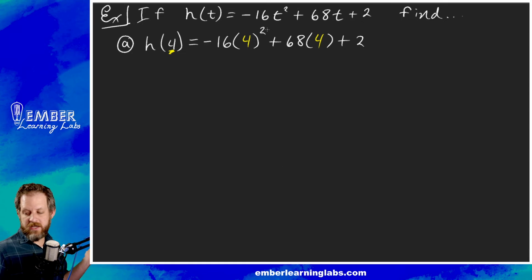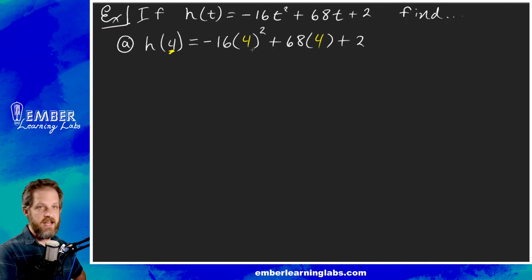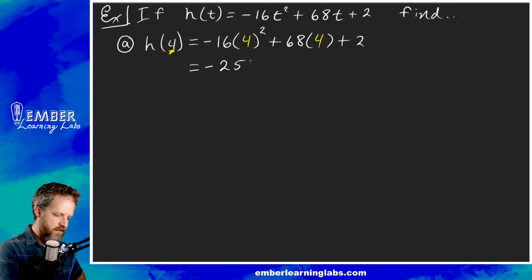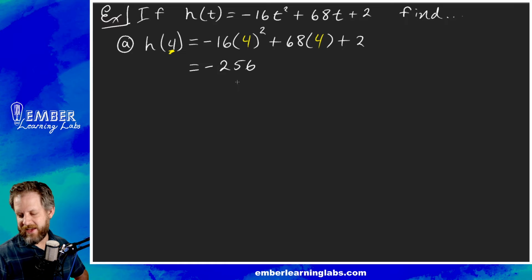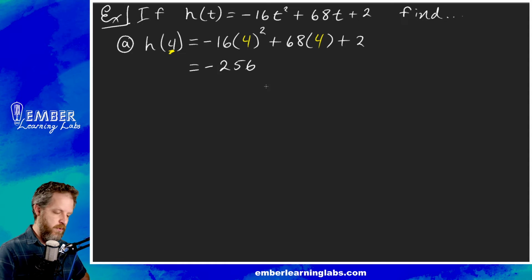Then we walk through this and simplify. Negative 16 times 4 squared, so negative 16 times 16, is negative 256. And then 68 times 4 is 272, so plus 272. Bring down our plus 2.